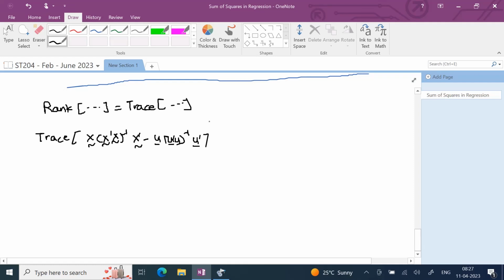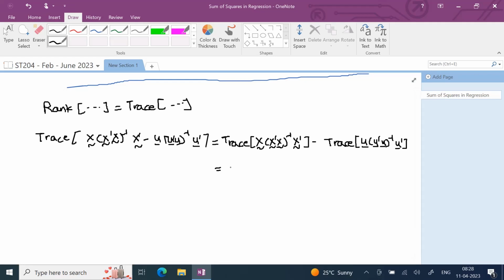Now trace of A minus B can be written as trace of A minus trace of B. So I will have trace of X(X prime X) whole inverse X prime minus trace of U(U prime U) whole inverse U prime. Okay. We know trace has a nice property that trace of A into B is same as trace of B into A. In fact, trace can be rotated cyclically.